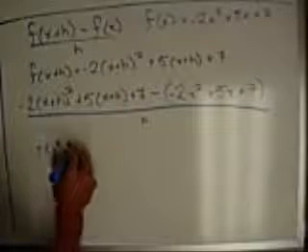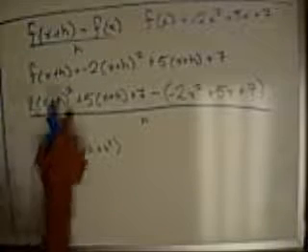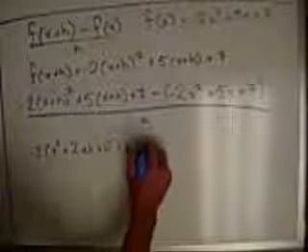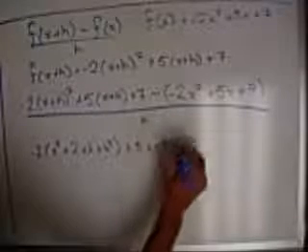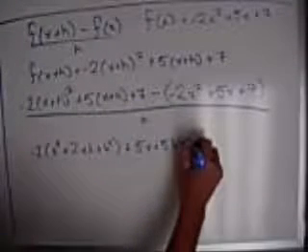and we're about to see that. Okay, so now I've got minus 2 times the quantity x squared plus 2xh plus h squared, that's what you get when you FOIL that out, plus 5x plus 5h plus 7.